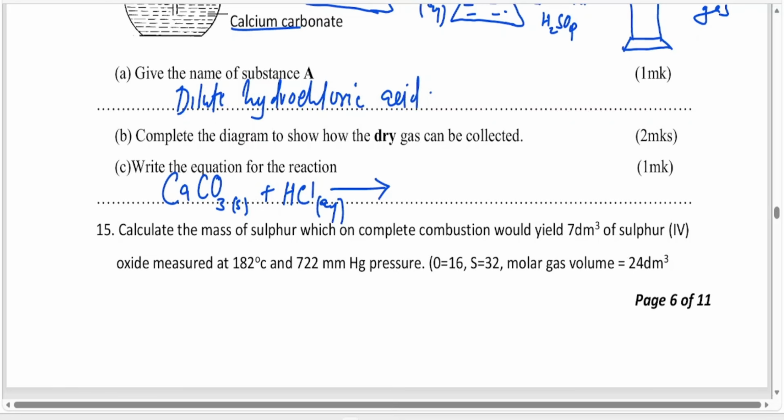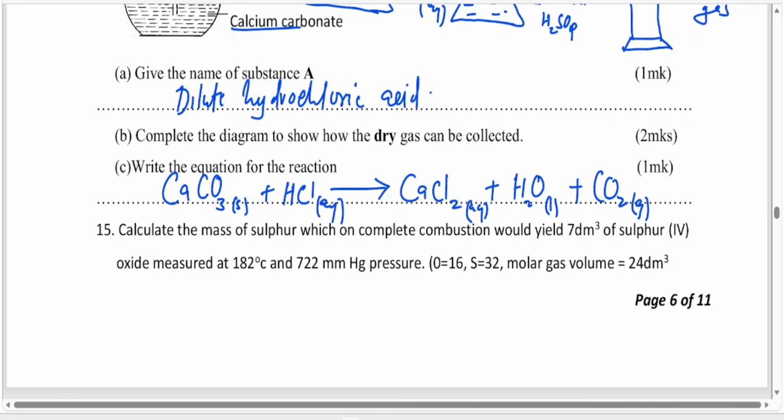In our case, our salt becomes calcium chloride, not forgetting the issue of valencies. Calcium chloride is soluble in water, and therefore it is aqueous. Then plus water, which is liquid, plus carbon dioxide gas.